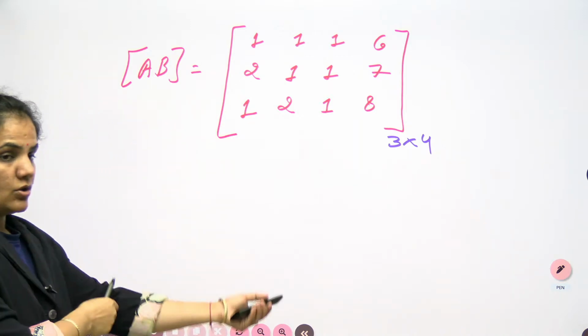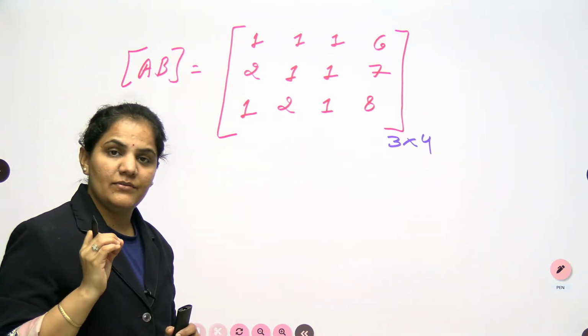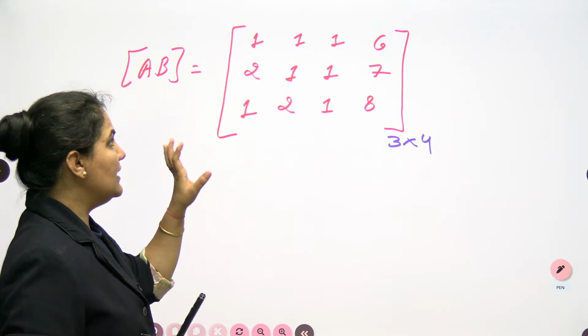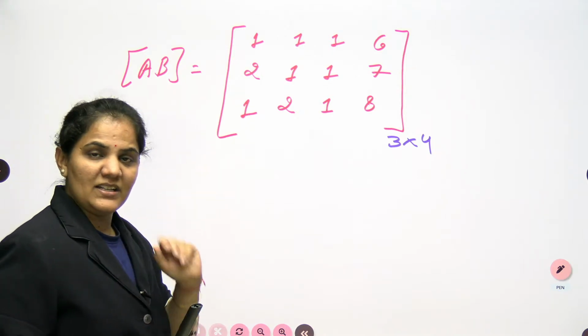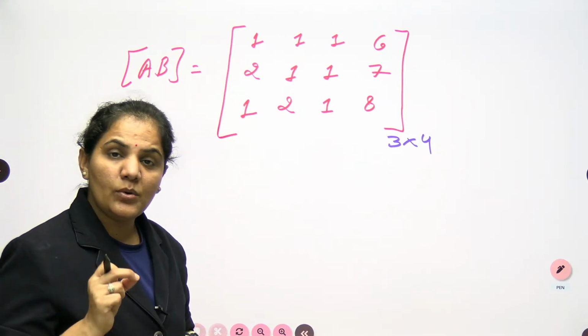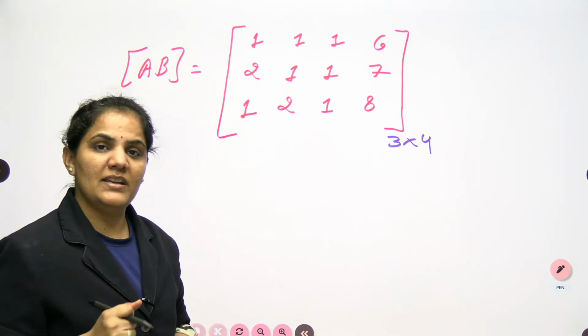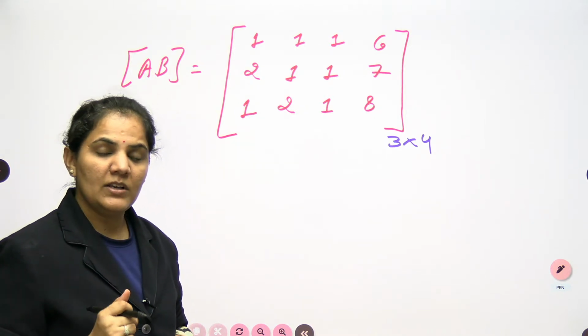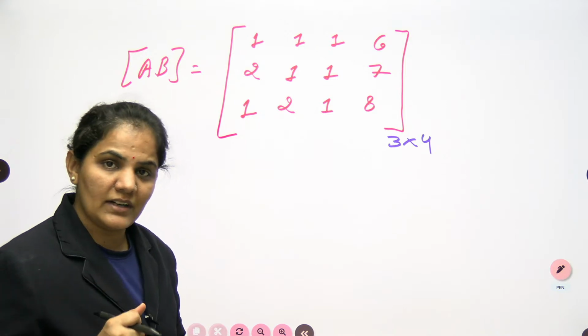All right. First of all, one very simple thing, dear students: this matrix is an augmented matrix, and I need to identify which type of solution my given system of equations has. So I will find the rank here.